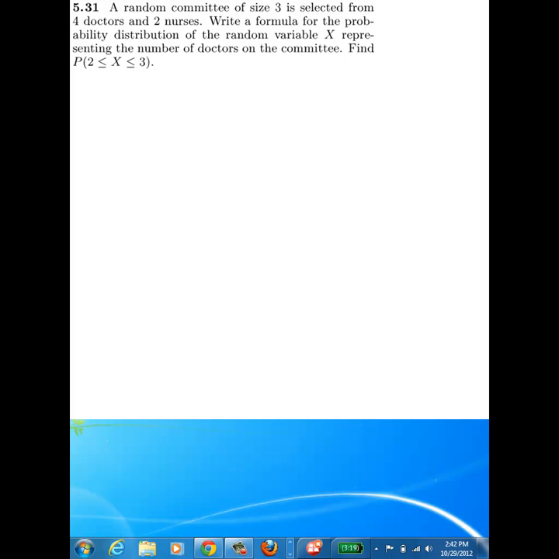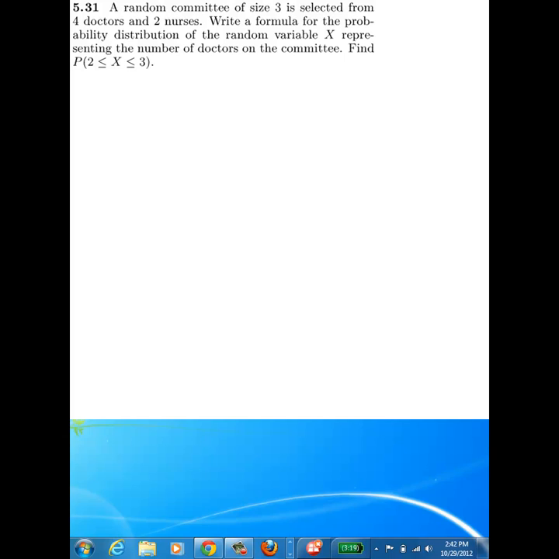Okay, so here we have that we are selecting a committee from within a group. So the actual group is 6, 4 doctors and 2 nurses, but we are selecting a smaller group from that group, and we're going to make an inference about that group. Any idea what type of distribution this is? Correct. This is a hypergeometric.